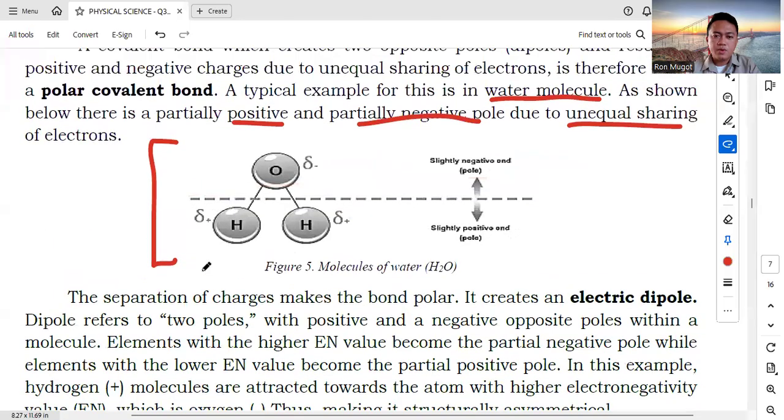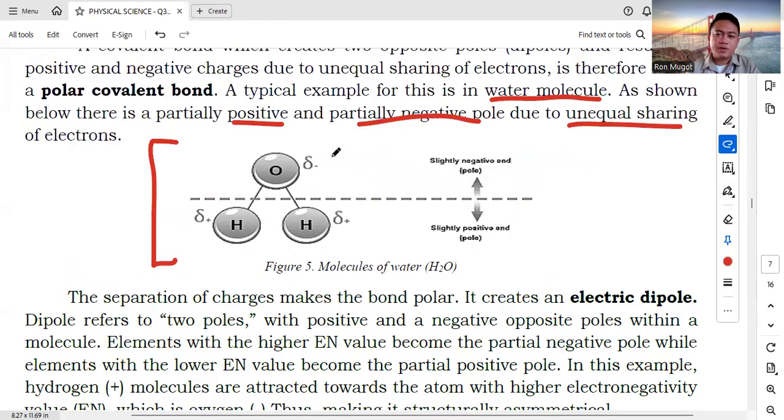Let's continue. So, if we remember, what is the electronegativity of hydrogen? It's 2.1. And for oxygen, we have 3.5. Okay?